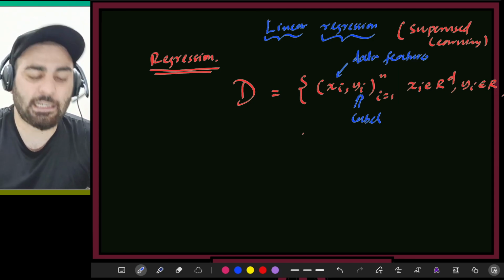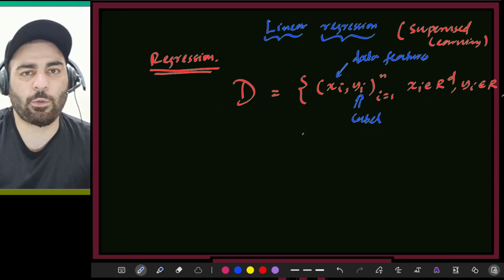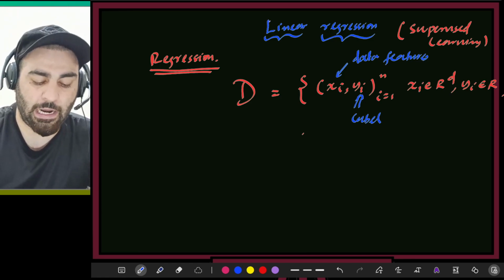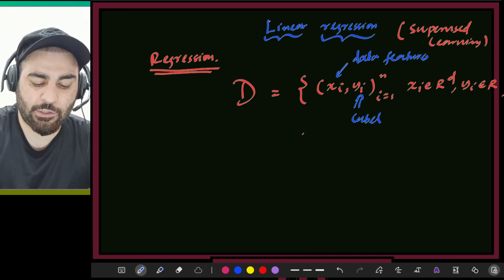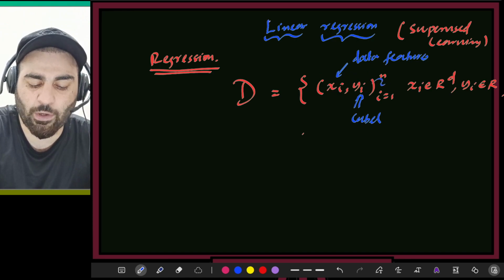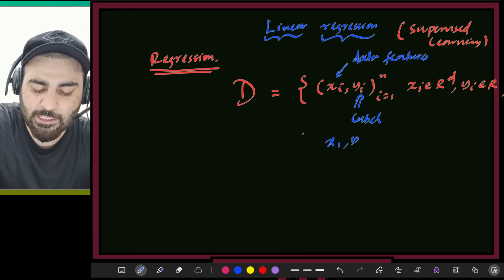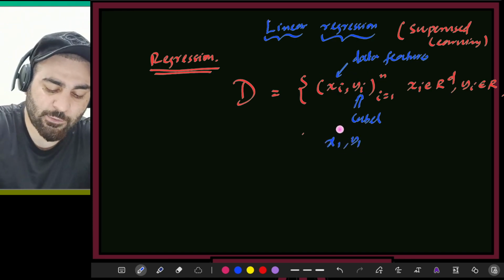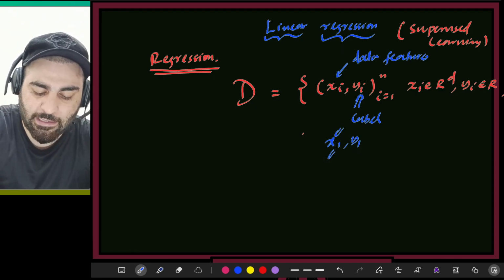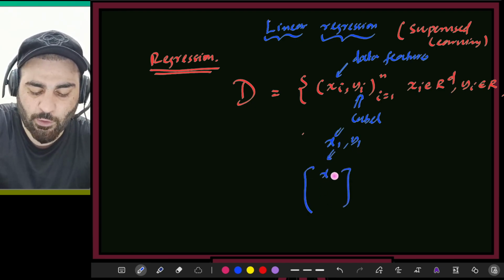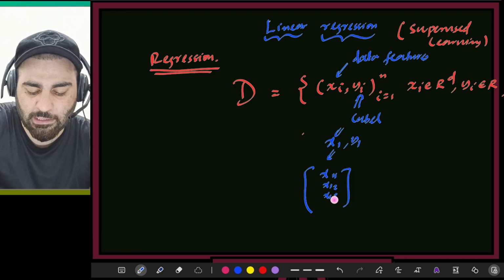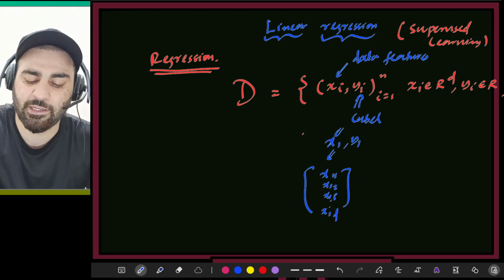As I said, mathematical equations are a succinct way of representing a language. This is the data set, and x1 comma y1 is one data point. This x1 is a vector: x11, x12, x13, and so on till x1d, because there are d features in x1.